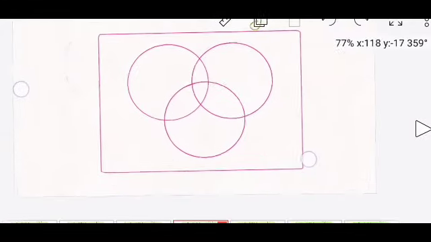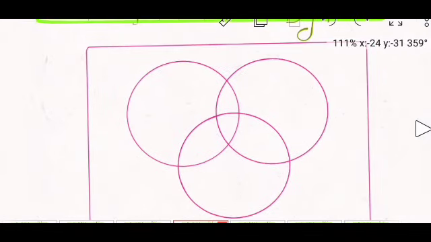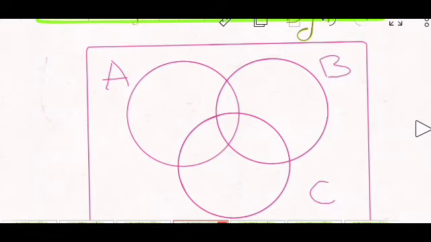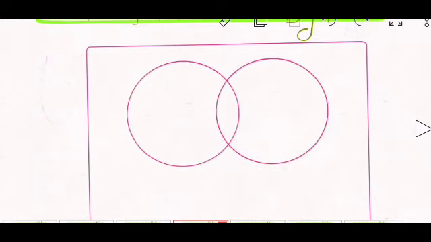Set complement is a situation whereby whenever we choose A, whatever will be left apart from A, totally apart from A, is always the complement.